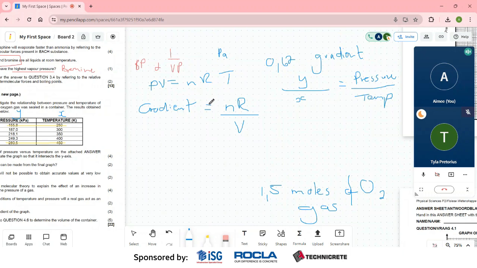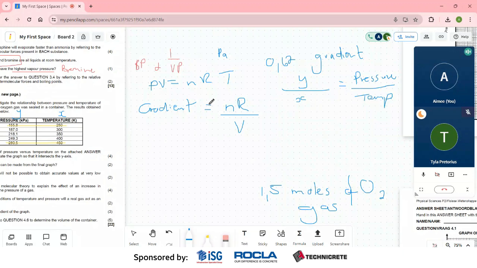Sorry, just give me a sec. I just want to find it. I think we got it as 0.62. Yes, we got it as 0.62, right?